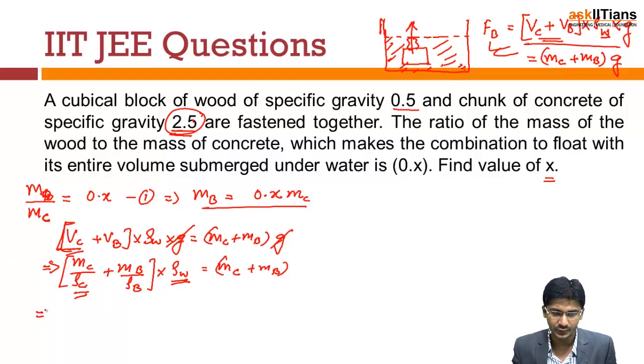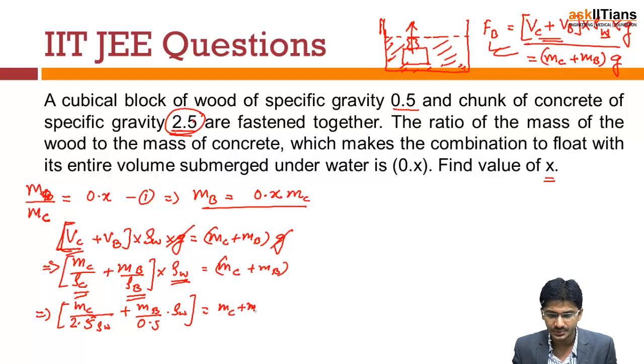So if you put the value, what you will have is mass of concrete by 2.5 times rho_w, and then mass of B by rho_B. Density of B is 0.5 times rho_w. This is equal to mass of C plus mass of B. Now this rho_w will get cancelled out with the rho_w that you had.